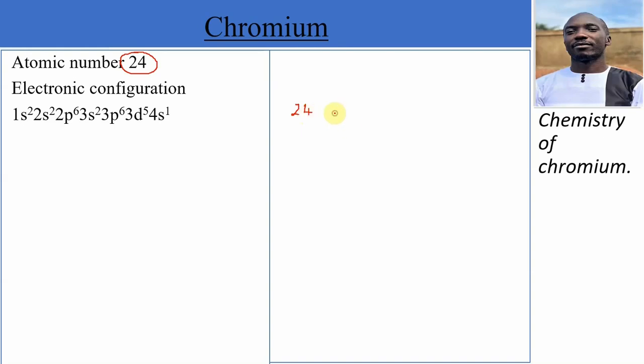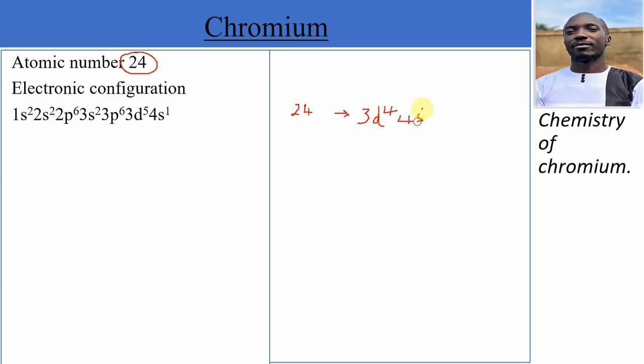But remember, if you are to follow the configuration tree, we shall find that at the end, instead of having 3d5, we would be having 3d4, then 4s2.